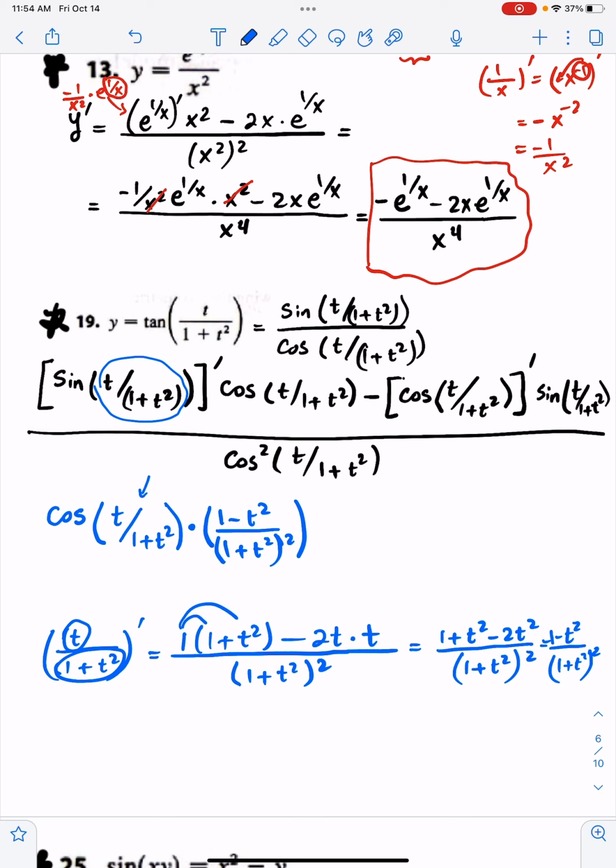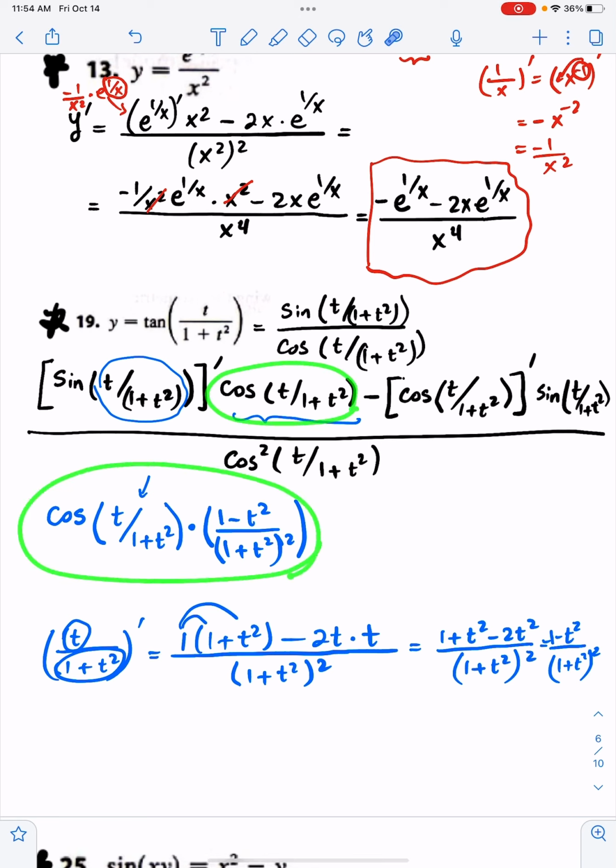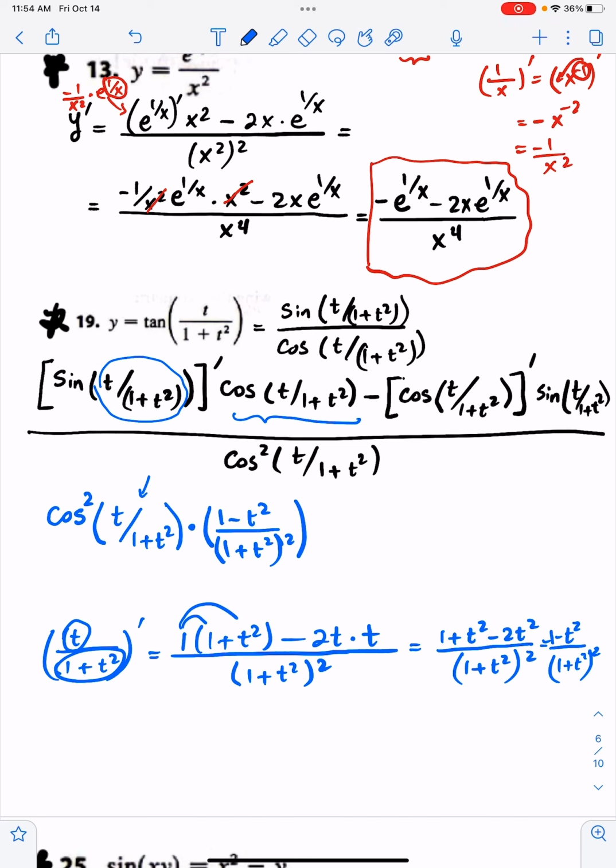Okay. Times cosine times this one, cosine of t over 1 plus t squared. If you look at this one, we are multiplying this by that, so it's the same thing as this one. It's enough that we add just the power here because it's the same thing, so I'm not going to rewrite it to take up space.